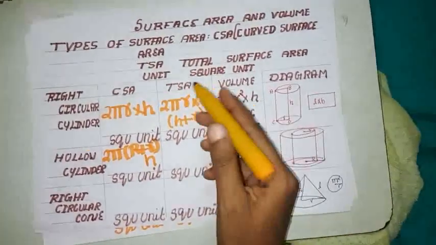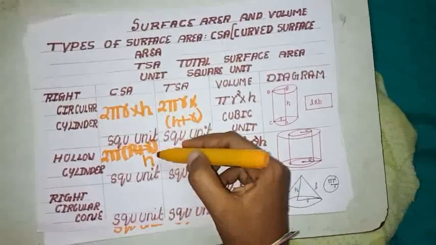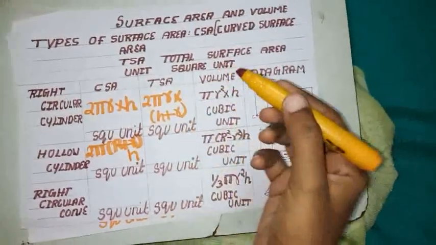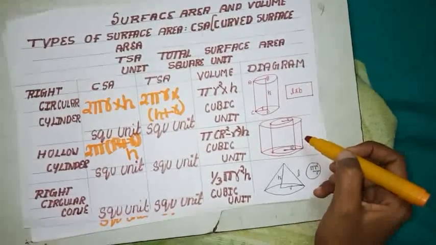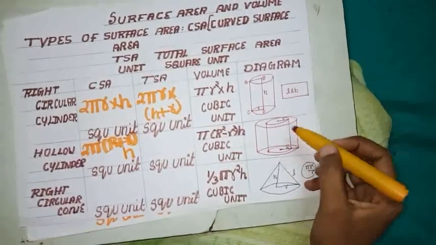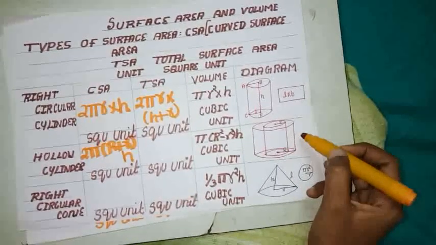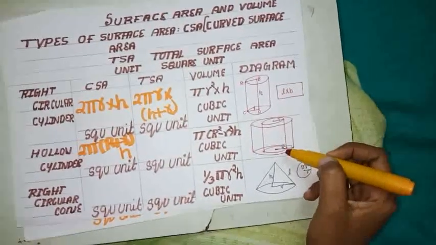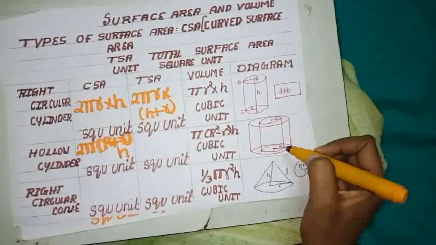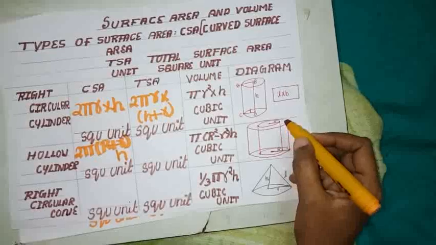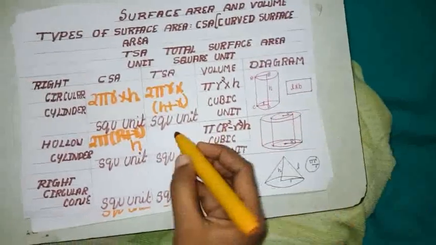Next one is the total surface area of the hollow cylinder. How could you get it? I already told you height. Not only the height, outer surface area and inner area also we should see. Height is there, radius is there. The extension of small r is capital R. So small r is repeated.